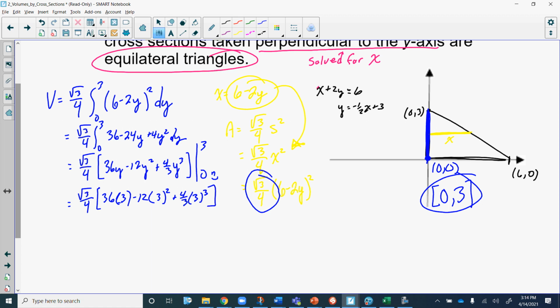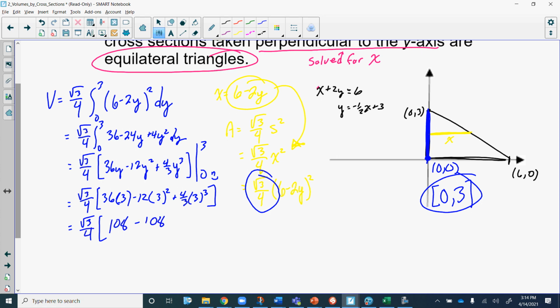And I'm not going to lie, probably going to grab a calculator here. Radical 3 over 4. So 36 times 3, that'll be 108. And 9 times 12 will be a negative 108.